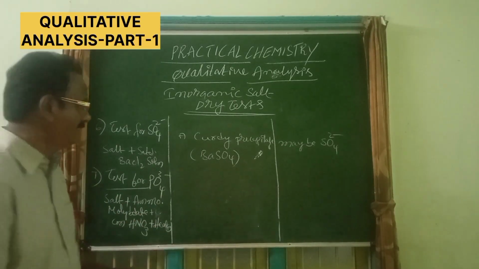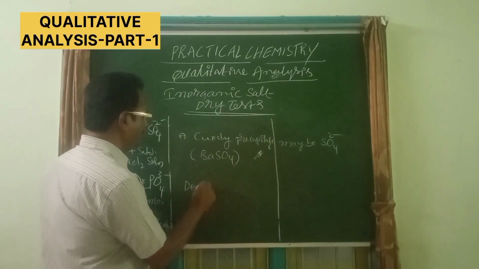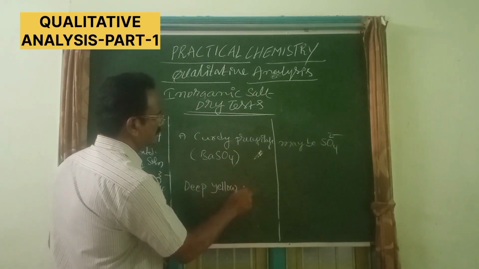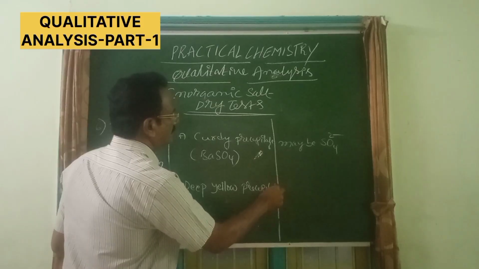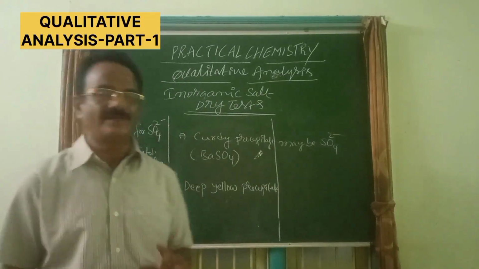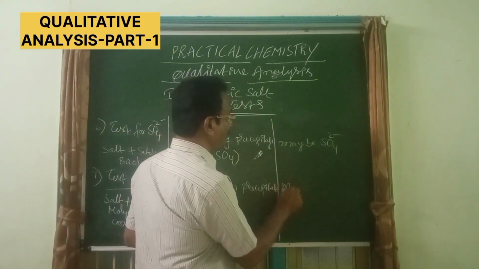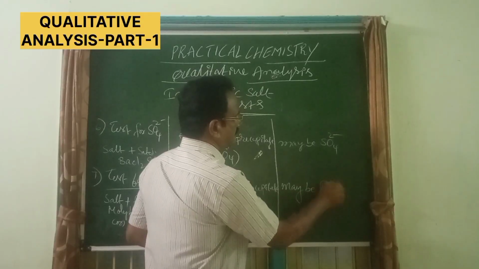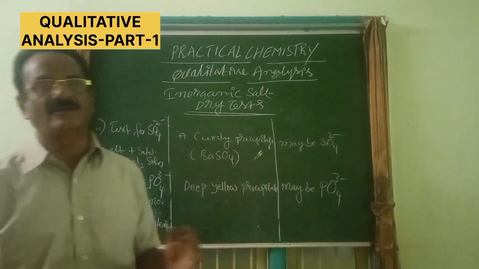Is it clear? If a deep yellow color precipitate is formed, then one can conclude that there may be phosphate in the given inorganic salt.